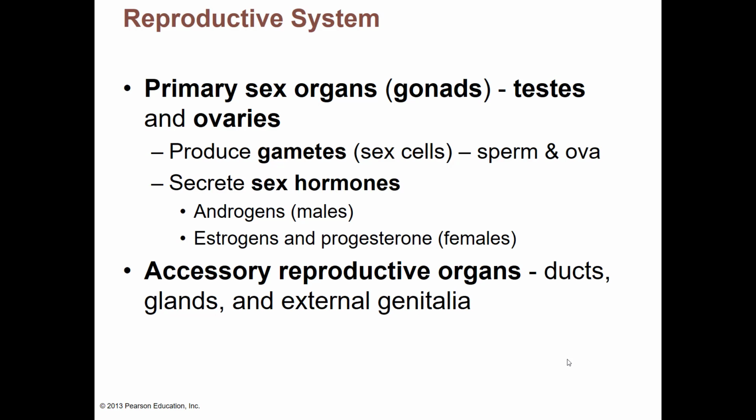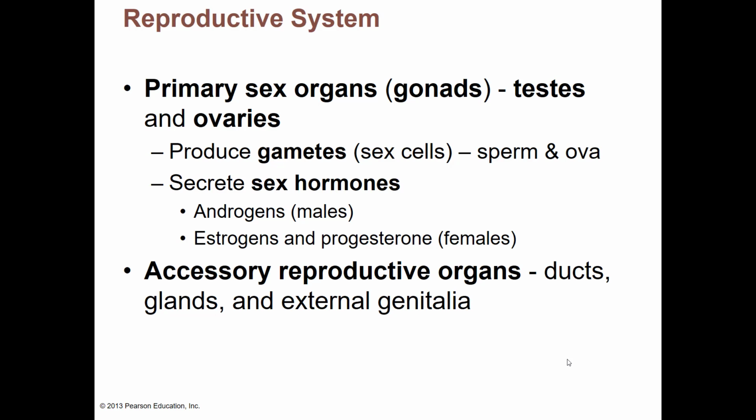They also make some of the sex hormones: androgens, the male hormones, and estrogen and progesterone in the females. So your main sex hormones and your sex cells are made in the testes and the ovaries.